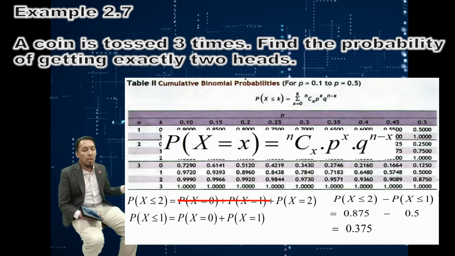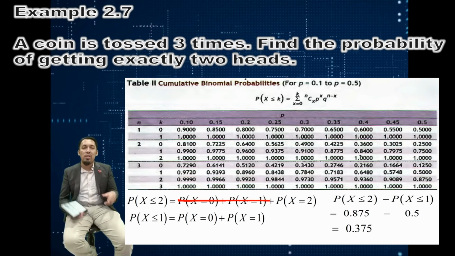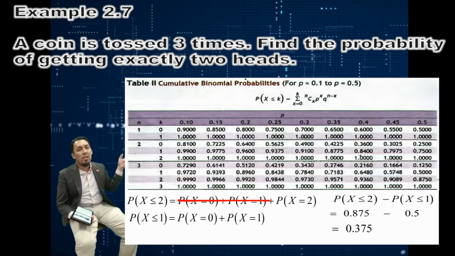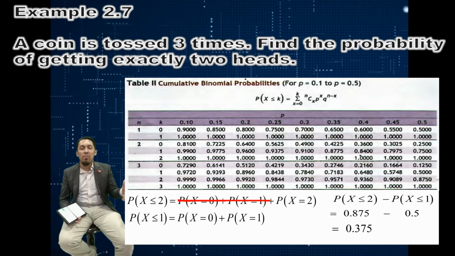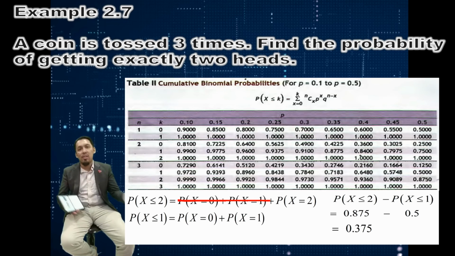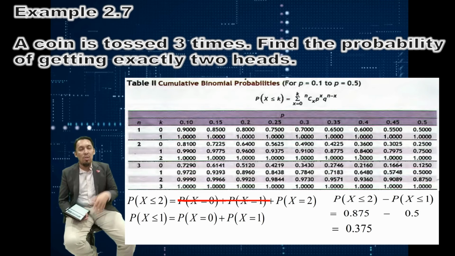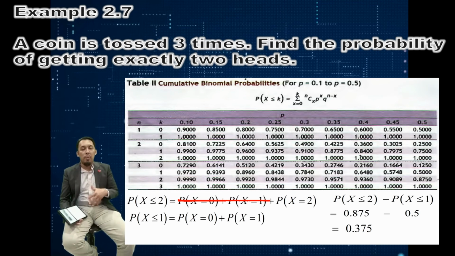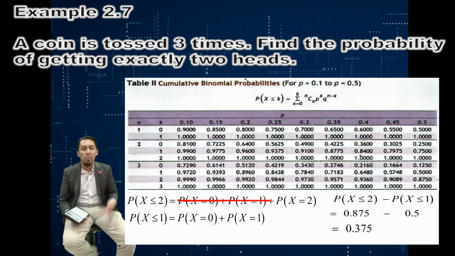However, if you are using the table, you can simply pick the value for 12 and directly get the cumulative probability from 0 until 12. So you can use either the formula or the table, according to the situation, just to make it easy.